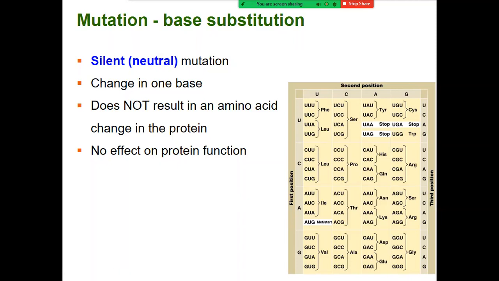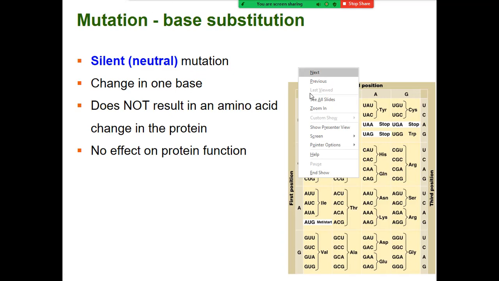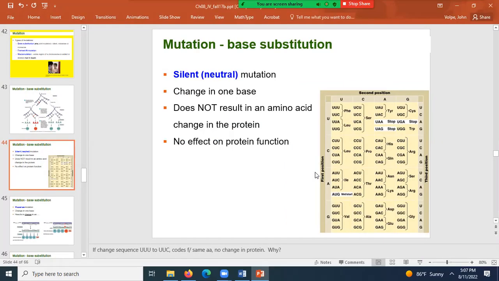It still codes for the same amino acid. So this is a silent mutation where the DNA is changed, but the protein is not. The same amino acid is coded, so there's no effect on protein function. And that's why they call it a silent or neutral mutation.